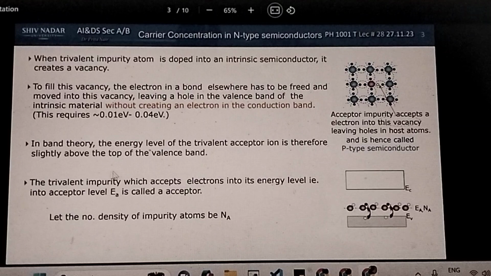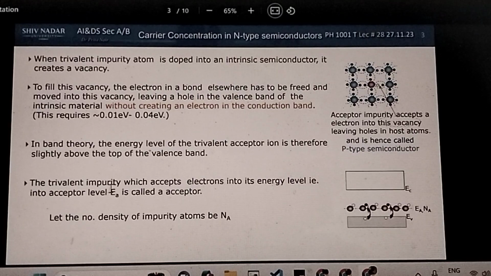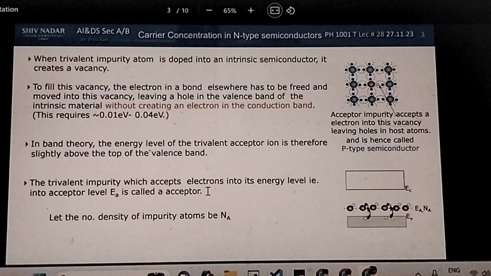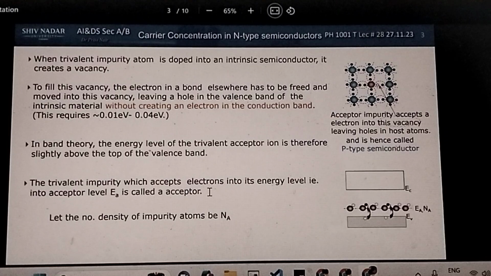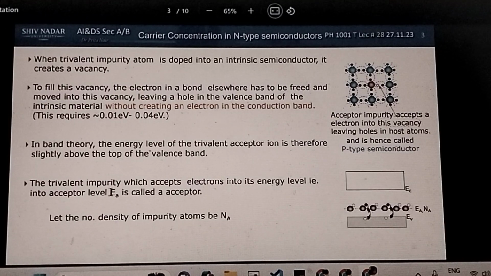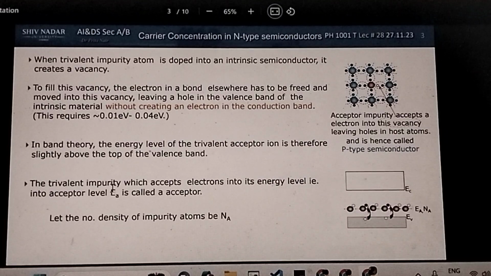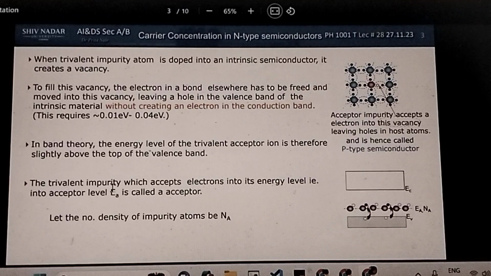So this trivalent impurity, because it accepts an electron, is called an acceptor atom, and its energy level is called EA, the energy level of an acceptor. Yesterday's case was donor in n-type; in p-type it is called an acceptor.